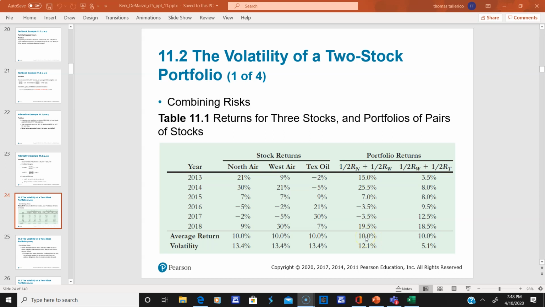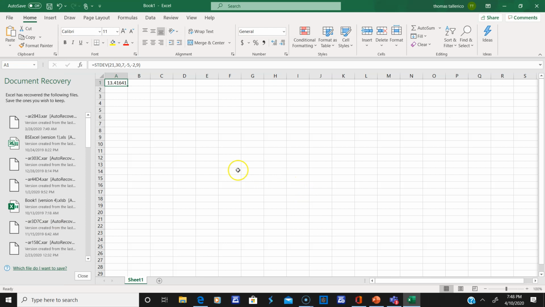However, the volatility now is not as straightforward. So what I want to show you is I used Microsoft Excel to get this volatility. Now, instead of putting the numbers in a cell, I was in a hurry, so I just took these numbers and typed them manually into the function. So let me bring up the Microsoft Excel function. First of all, hold on, let me close this for a minute.